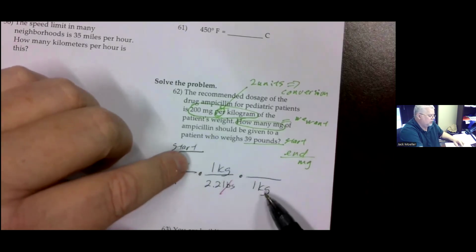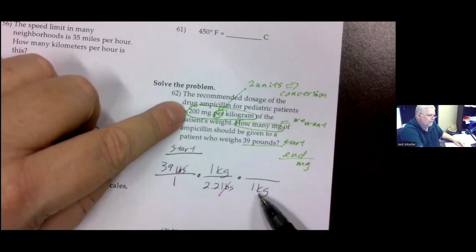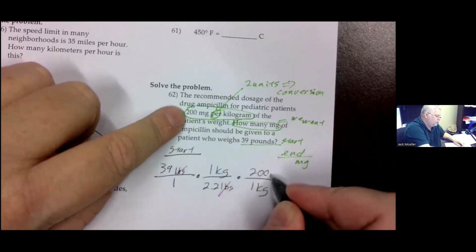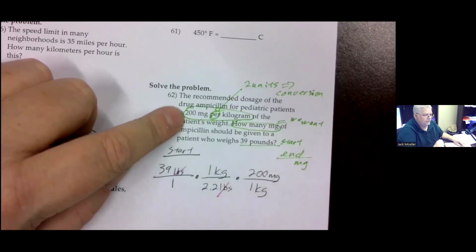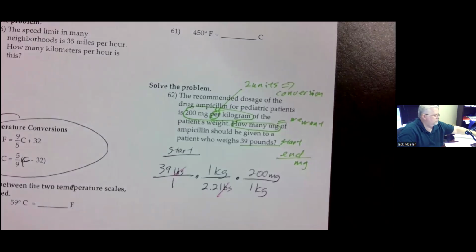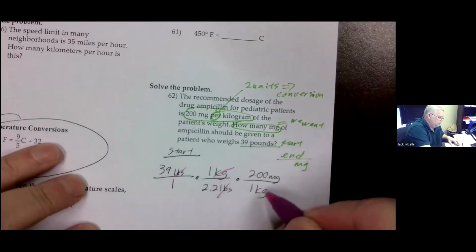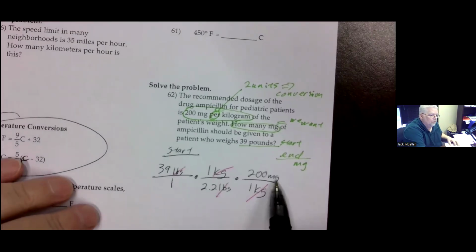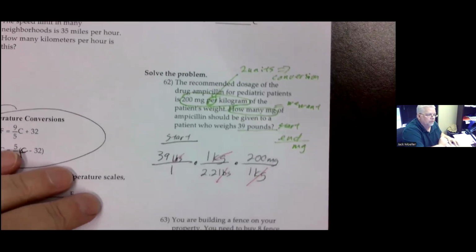We're converting kilograms to milligrams of medicine. So 1 kilogram of patient weight is 200 milligrams of medicine. So now we have the final units that we want.